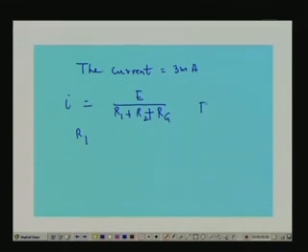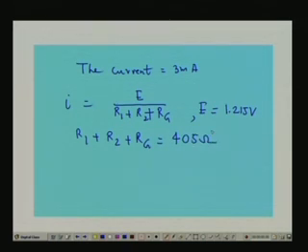Now, E is given, E is equal to 1.215 volt. So, R1 plus R2 plus RG is equal to 405 ohm.